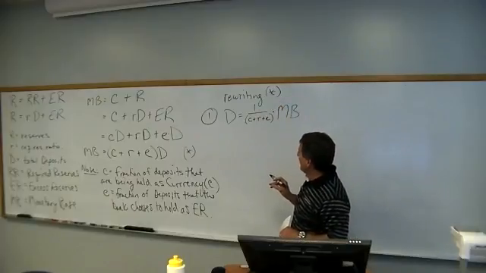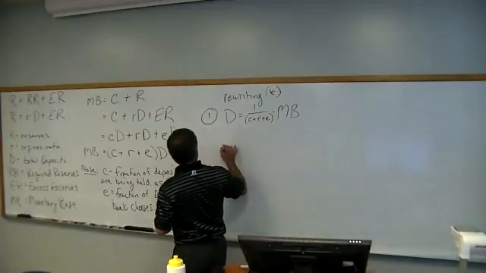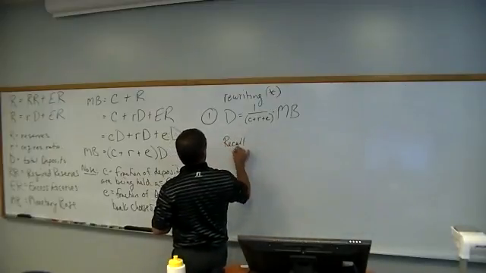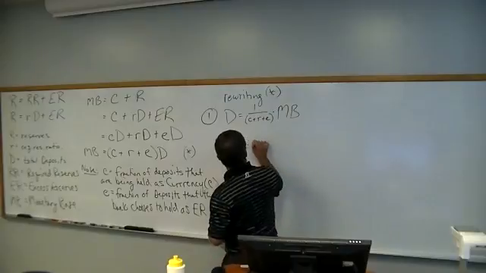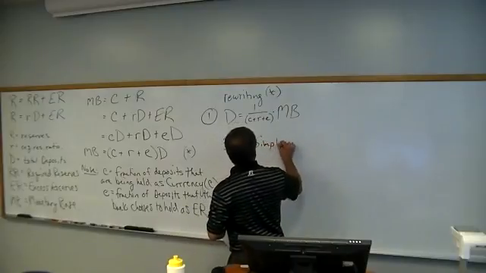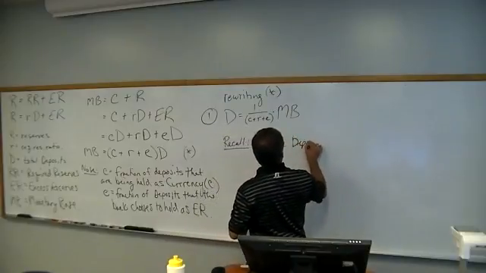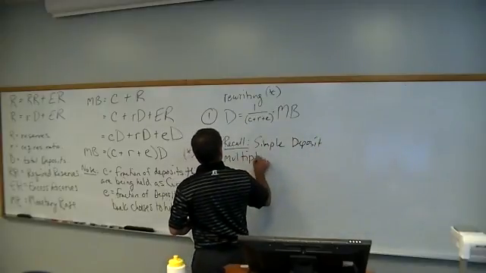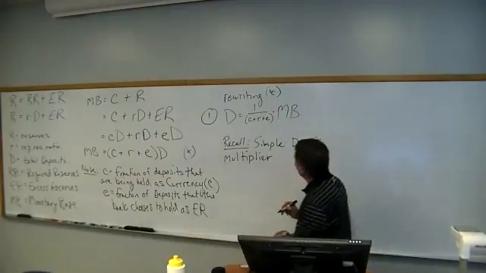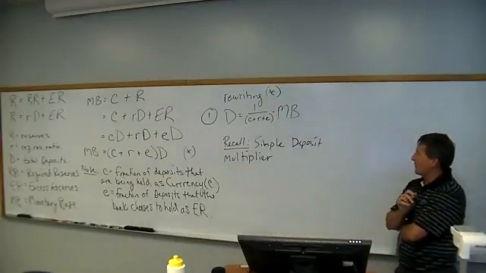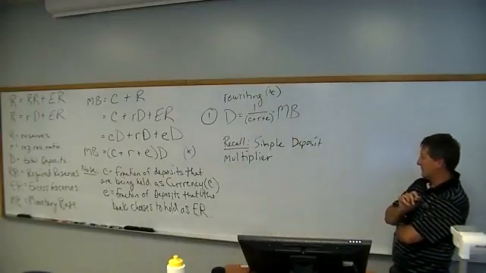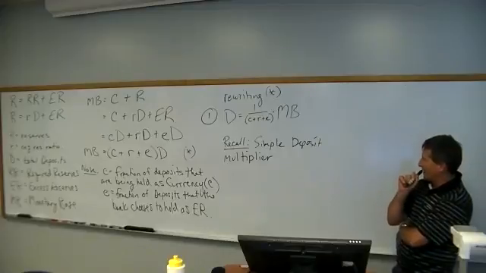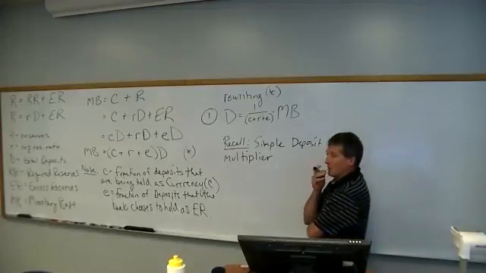All right, so at this point, let me do a little recall. Recall the simple deposit multiplier. For some of you not knowing exactly what you had for macro, you probably did this, but we did it in our macro class here. So recall the simple deposit multiplier.